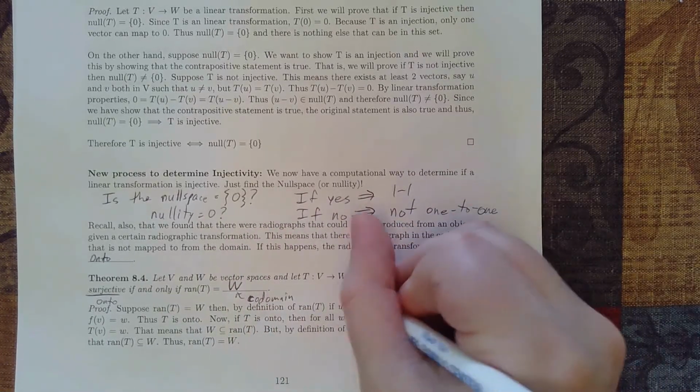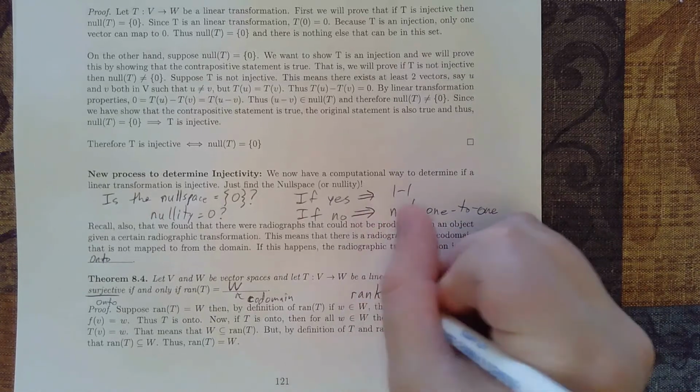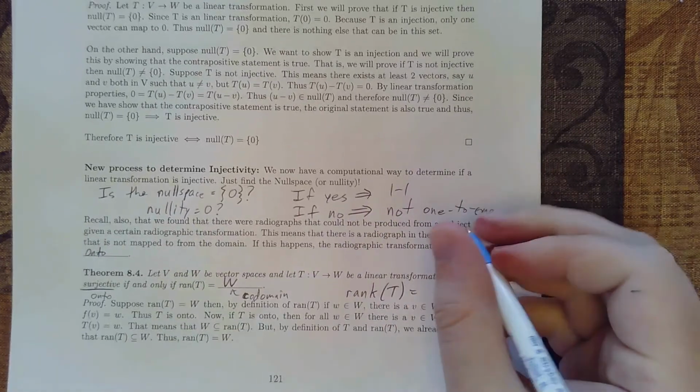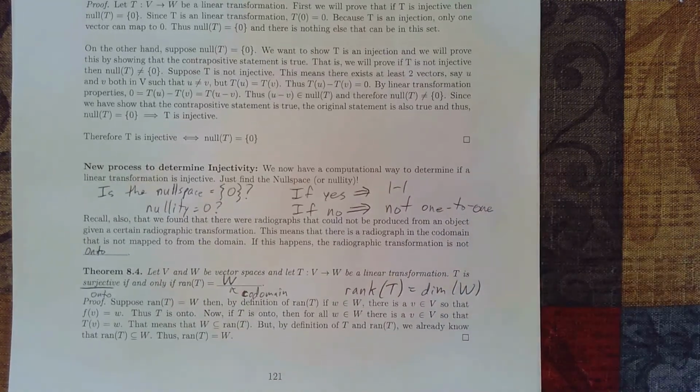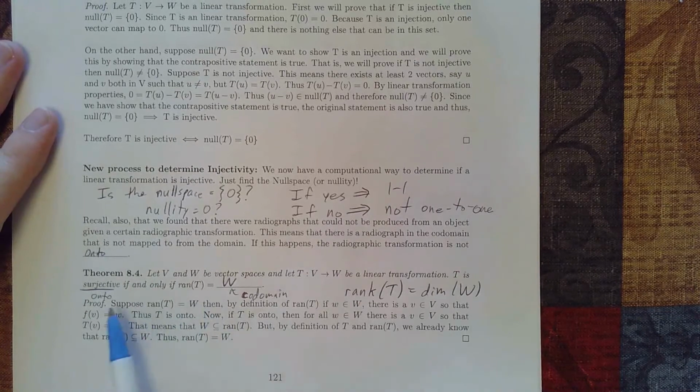Furthermore, this means that the rank for the transformation is equal to the dimension of the codomain. And that's a thing we'll need if we want to get a surjective transformation.